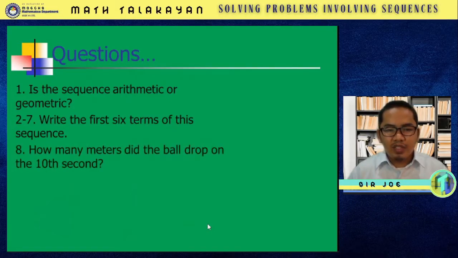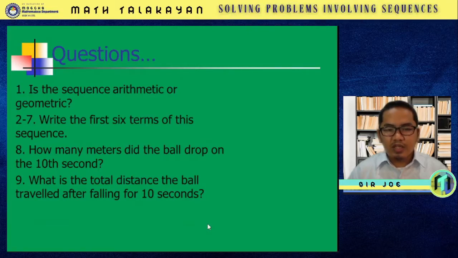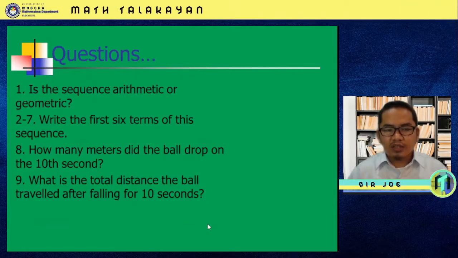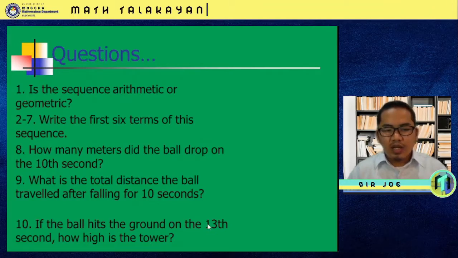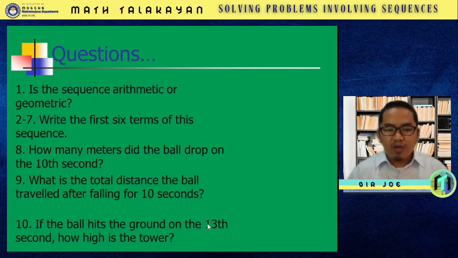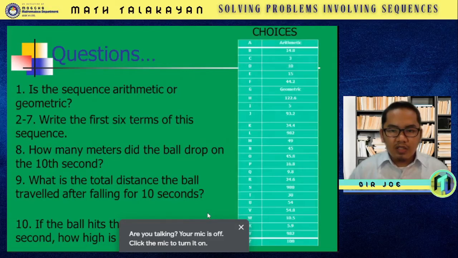How many meters did the ball drop on the 10th second? What is the total distance the ball traveled after falling for 10 seconds? If the ball hits the ground on the 13th second, how high is the tower? So these will be our questions. These are our choices.